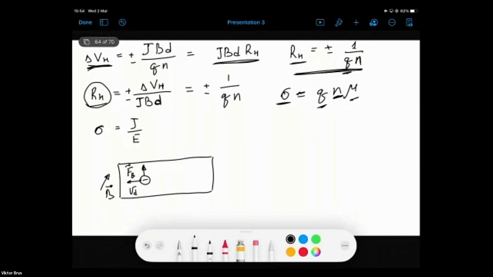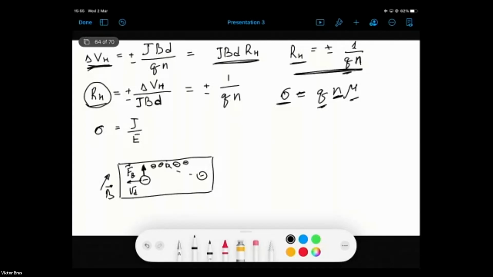the magnetic force. So what will happen if this charge carrier, let's consider from here, moves to the left? Upon the effect of this magnetic force, it will be kind of deflected towards the upper edge of the conductor. And here we will have some kind of accumulation of these mobile negatively charged carriers.